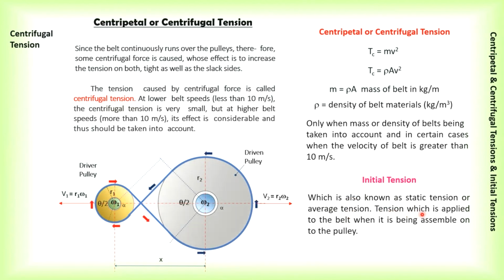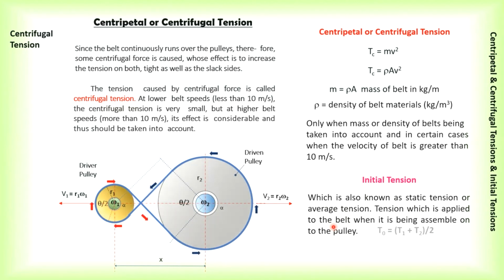Now, tension which is applied to the belt. You apply a pulling force on the belt when you are placing it initially at the start. You are mounting the belt onto the pulley. So you have to apply an initial pull, which we call the initial tension.